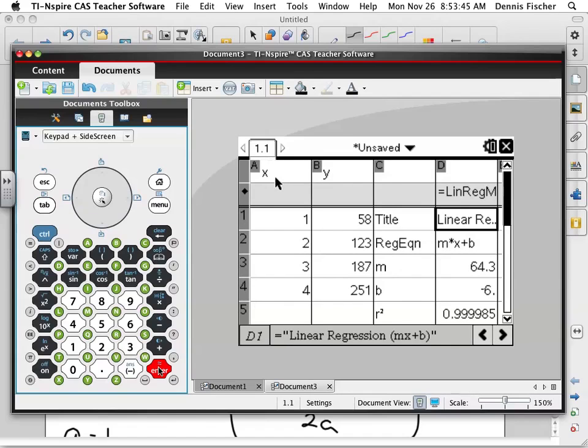Okay, everybody get there? Doing it on the calculator is going to be a little easier than doing it on a piece of paper or by hand. We're going to have the exact answer here. You'll notice it says regression equation. If I arrow down one, it'll put it in here, mx plus b. Isn't that our equation? What's our m? What's our b?